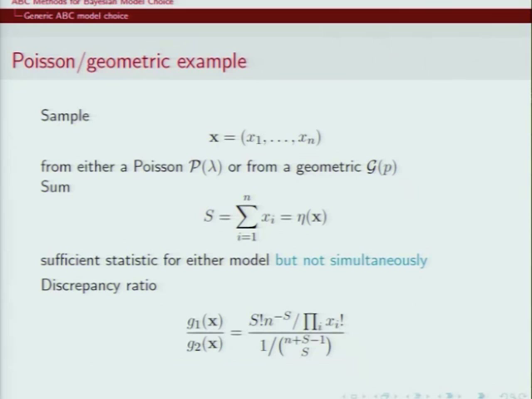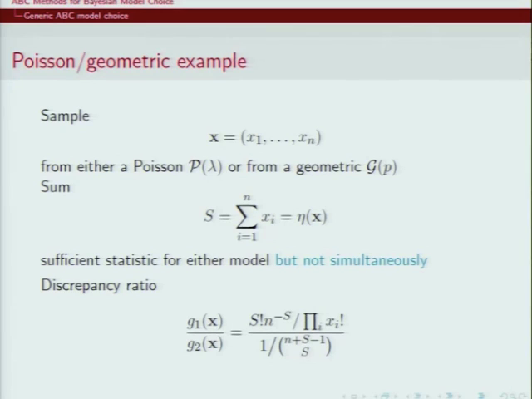So let me show you a silly example of a Poisson versus a geometric model. I have a sample x1 to xn of size n that I consider could either be generated from a Poisson or from a geometric distribution. In both cases, the sufficient statistic is the sum of the observations, the sum of the xi's from 1 to n. And this sufficient statistic is not sufficient across models, in the sense that if I take the ratio g1 over g2, I don't get 1.